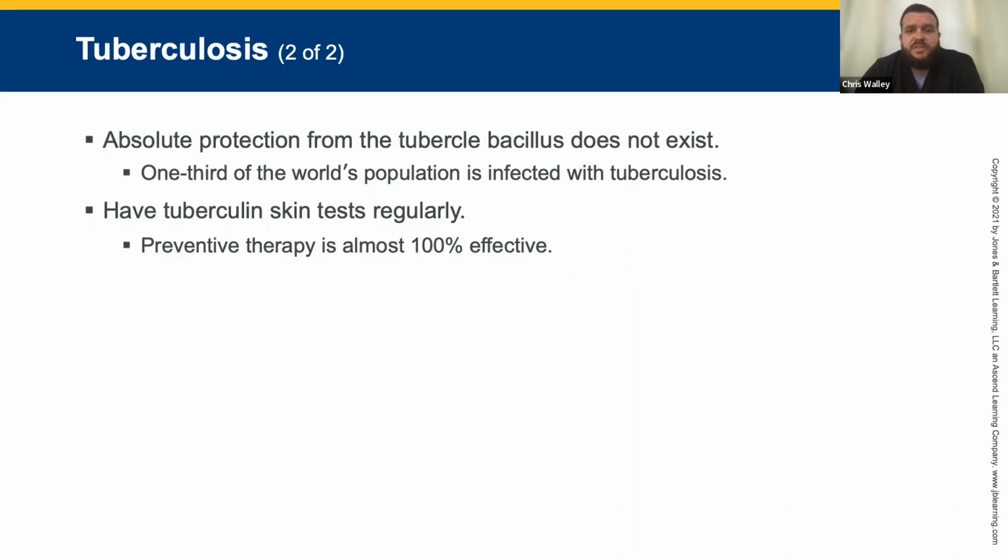According to the Centers for Disease Control and Prevention, one third of the world's population is infected with TB. The mechanism of transmission is not very efficient. Having TB skin tests regularly matters, because if the infection is found before you become ill, preventive therapy is almost always 100% effective.